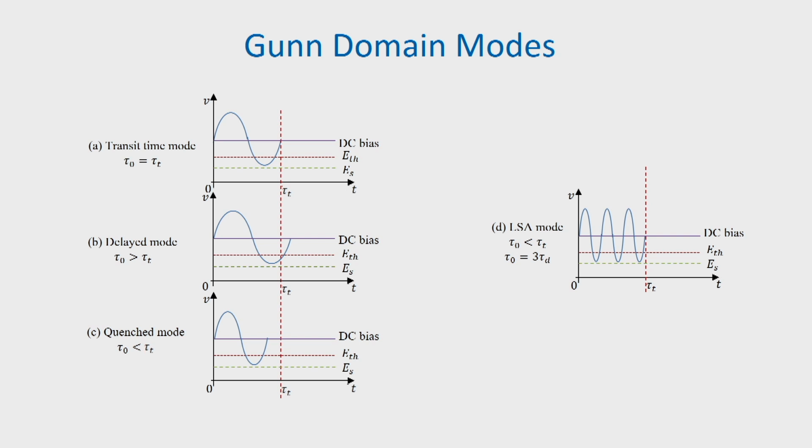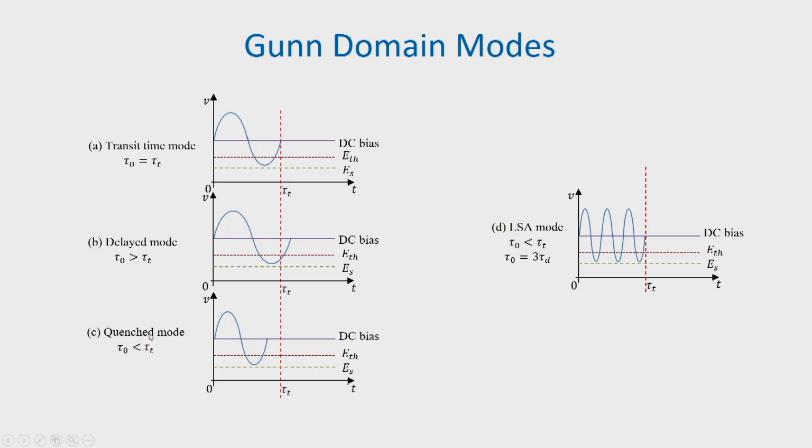But by choosing the frequency tau naught either greater than tau t or less than tau t, we can have two modes of operation. One is delayed mode.